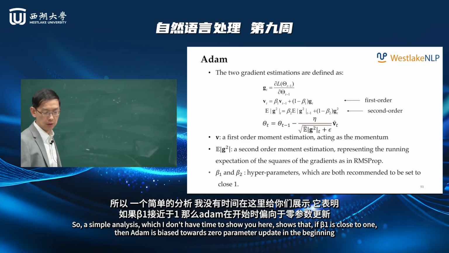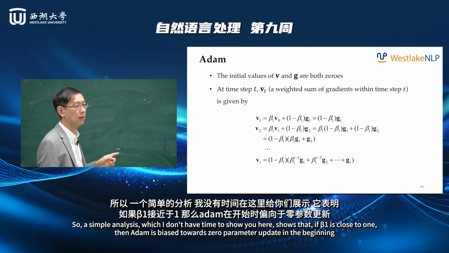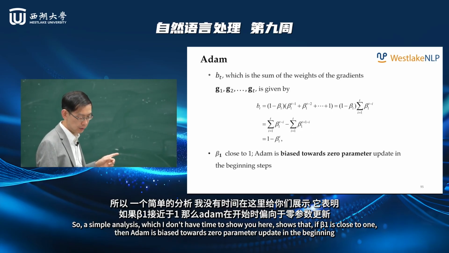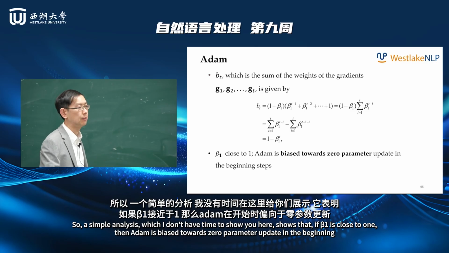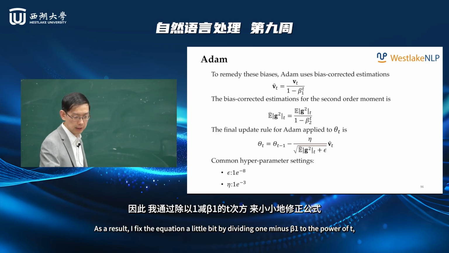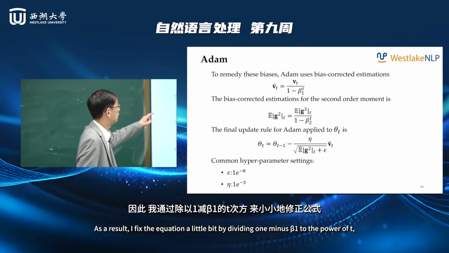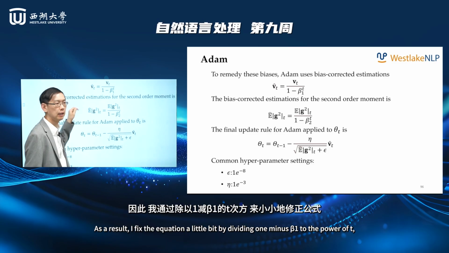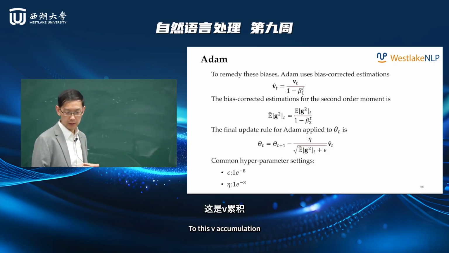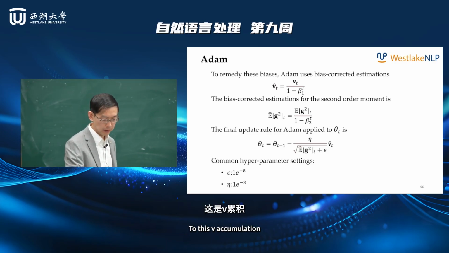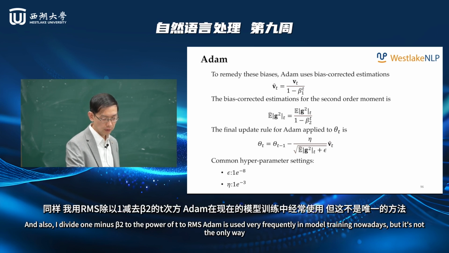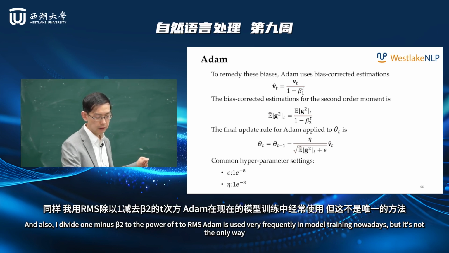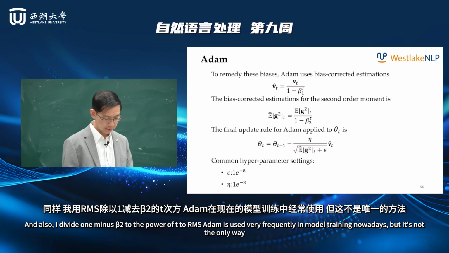A simple analysis, which I don't have time to show you here, shows that if beta 1 is close to 1, then ADAM is biased towards zero parameter update in the beginning. As a result, I fix the equation a little bit by dividing the V accumulation by 1 minus beta 1 to the power of t, and also dividing the RMS by 1 minus beta 2 to the power of t.